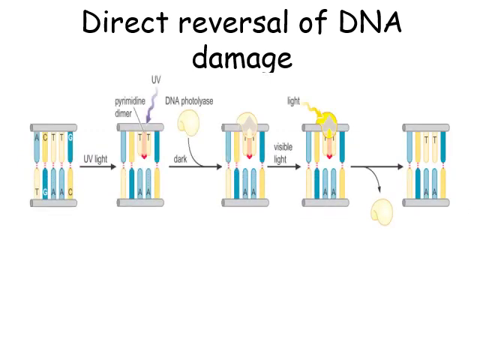As a result, an abnormal covalent bond forms between T and T. The photoreactivation process directly reverses this damage by the action of the photolyase enzyme. The photolyase enzyme absorbs energy from light, detects and binds to the pyrimidine dimer, then breaks these bonds and restores the normal thymine.